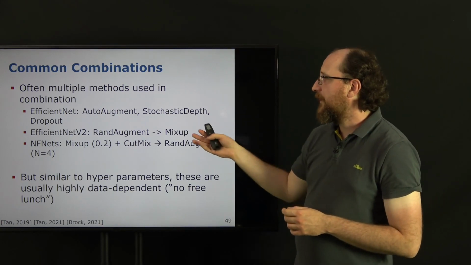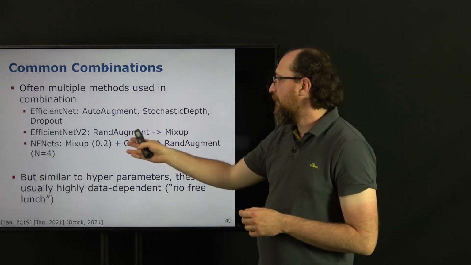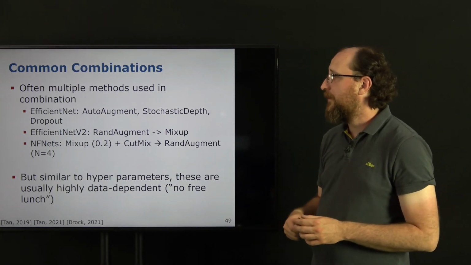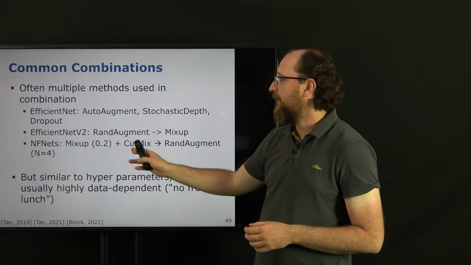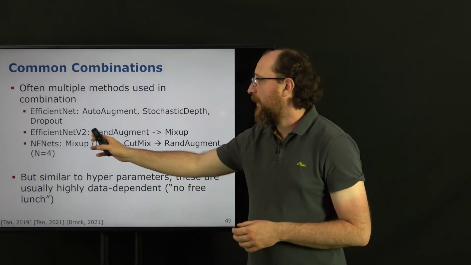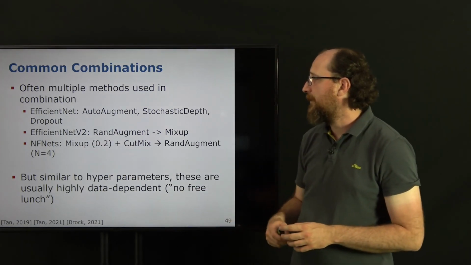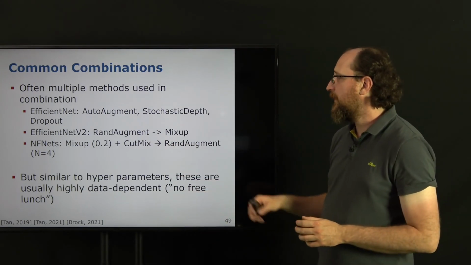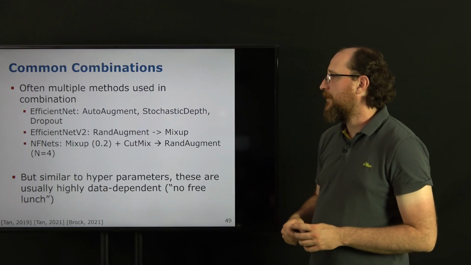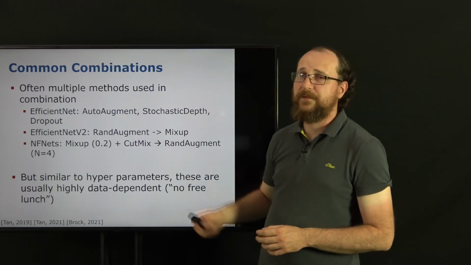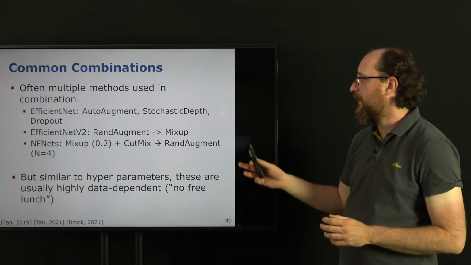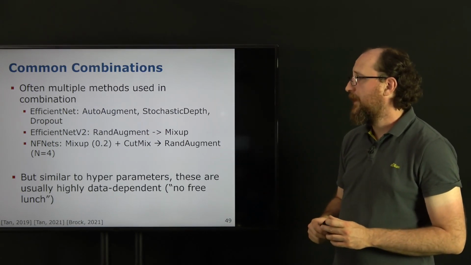For EfficientNet 2, RandAugment was used, and on top of this, for instance, mix-up. For the normalization-free networks, it was a mixture: half of the batch was used with mix-up, and the other half of the batch used cutmix. On top of this came random augmentation with even 4 different augmentations used for the randomly augmented examples.